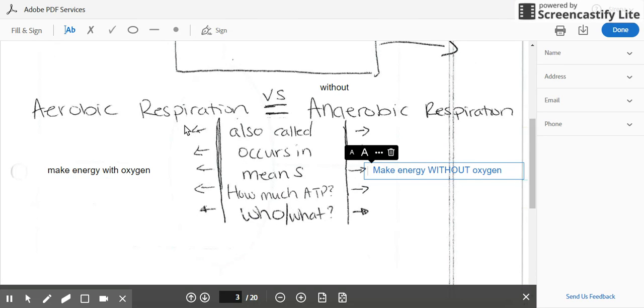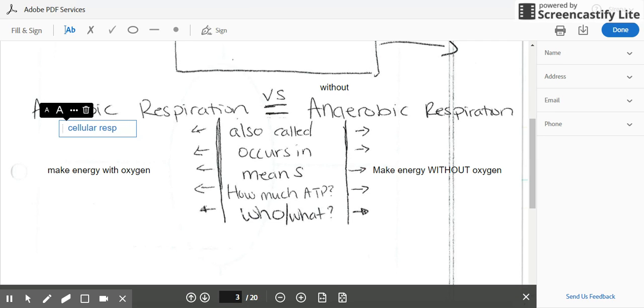Aerobic respiration is also called cellular respiration. We already know that cellular respiration occurs in the mitochondria.